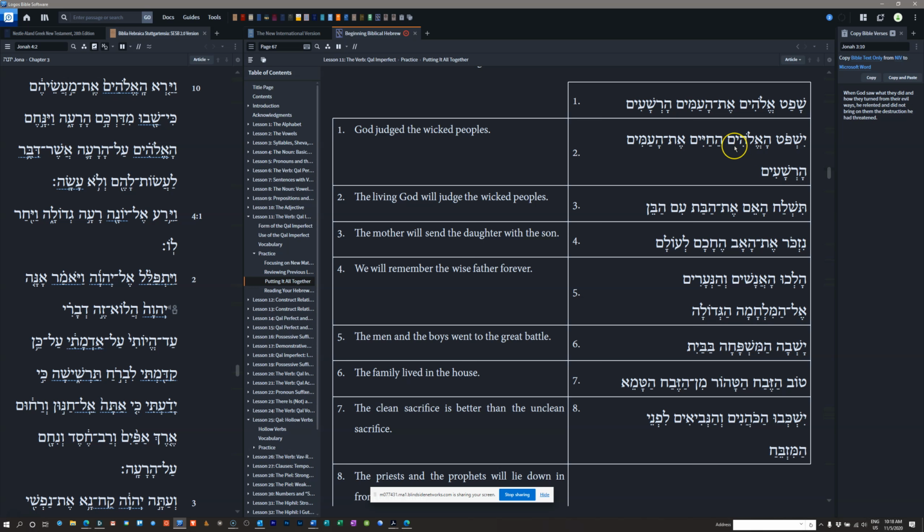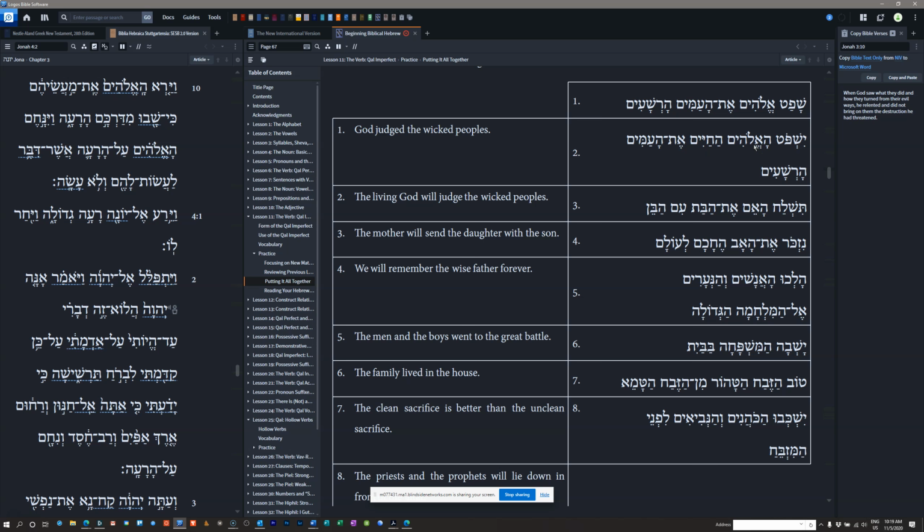That's ha Elohim. And so, is it predicative or is it attributive? Well, remember, attributive adjectives are going to match the definiteness of their noun. So here, ha Elohim is definite, and ha Chaim has the article, so it matches in definiteness. Furthermore, we've got the adjective coming after its noun, which usually indicates attributive. So we can be pretty sure this is an attributive relationship.